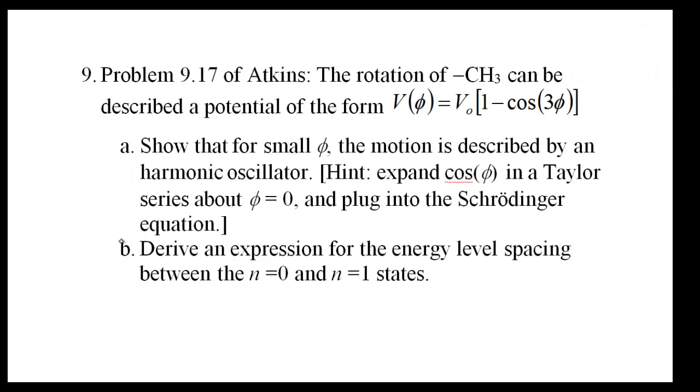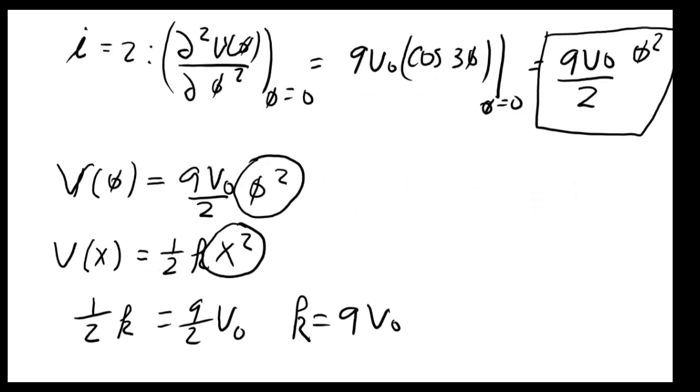Let's look at part B. Now we have to derive an expression for the energy level spacing between the n equals 0 and n equals 1 states. An easy way to do this, now that we have the harmonic oscillator correlation here, is to look at the Hamiltonian for the harmonic oscillator and compare that with the Hamiltonian for this rotation potential, contrast and compare, and see if we can easily write down what the spacing of energy levels is.